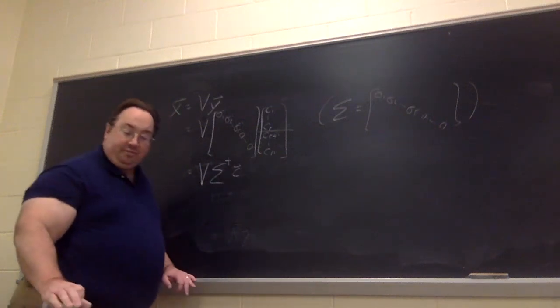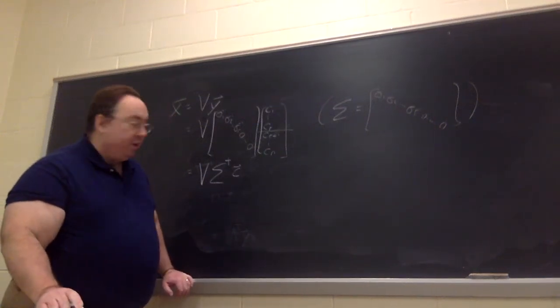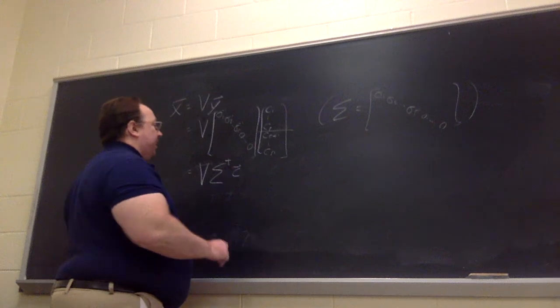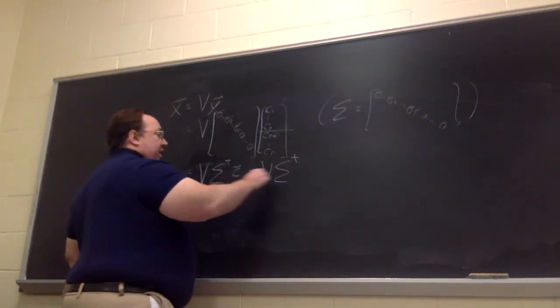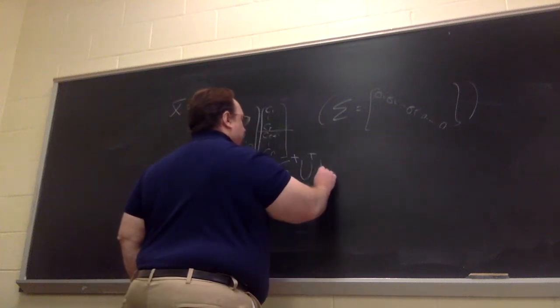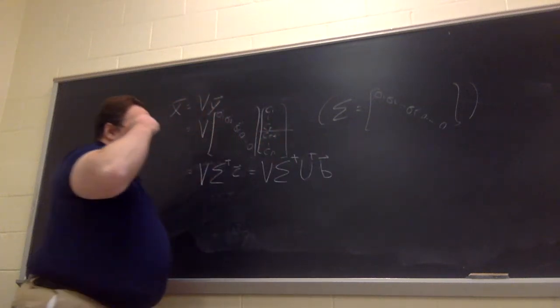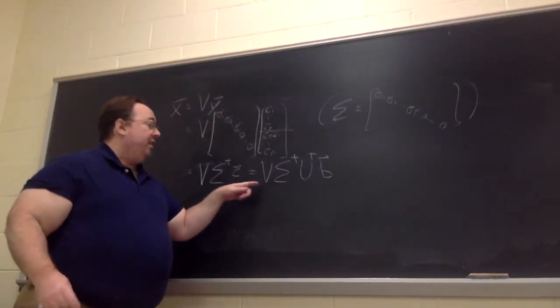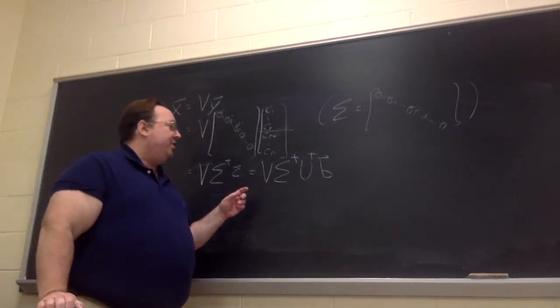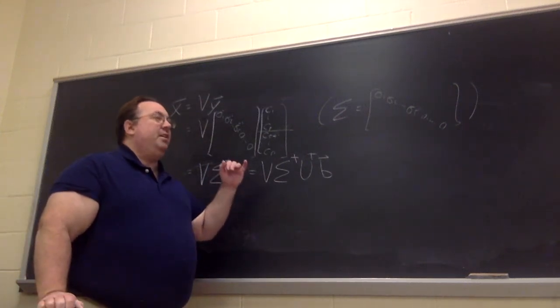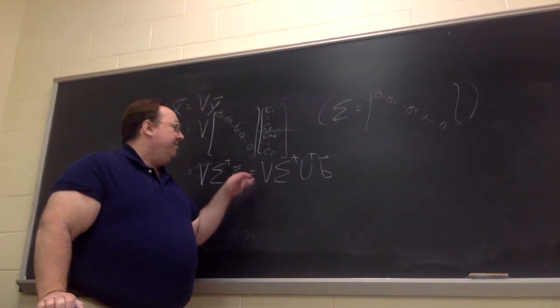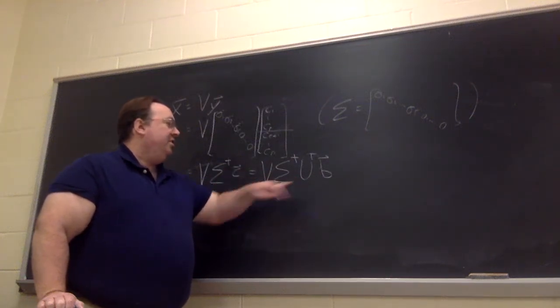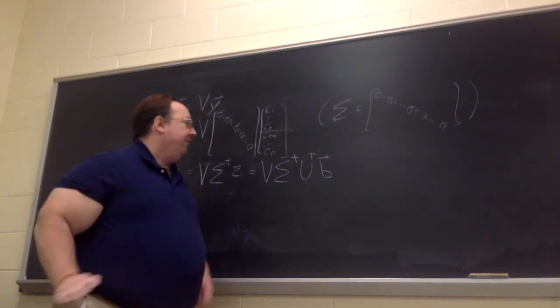All right. Now, what is c? c was defined earlier to be U transpose b. Now remember, the singular value decomposition is U sigma V transpose. Here everything's in reverse order: V sigma plus U transpose.